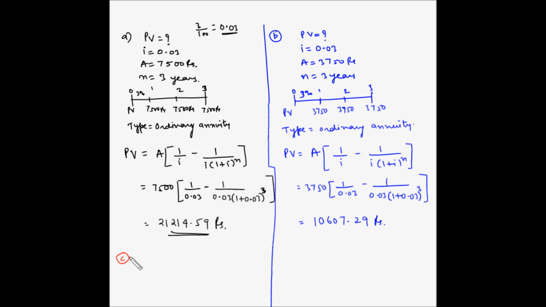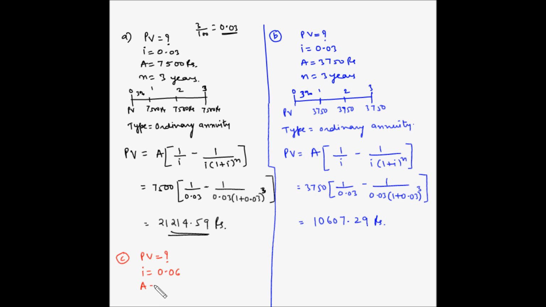So part C says that what if everything remains the same as part A, but instead of receiving 3% interest, now you are receiving 6% interest. So how much money should you deposit today in order to get 7500 rupees at the end of each of the next 3 years? So we have to find the present value. Interest rate is 6%.